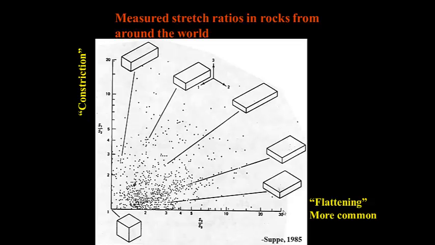What the result was, and this is something fundamental about how the Earth works, is that flattening stretch ratios are more common. So it's more likely in the world that we'll see rocks, at least preserved, that were flattened, and this elongation that we see in the constriction cases is not so common.